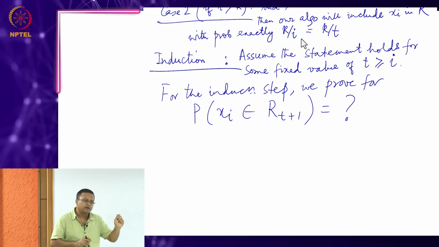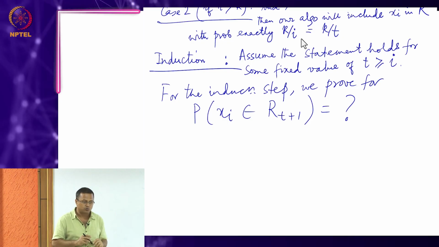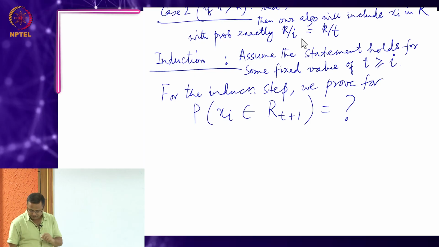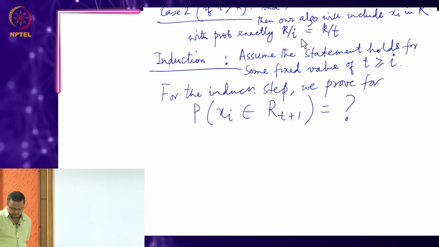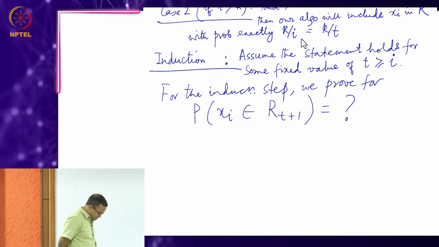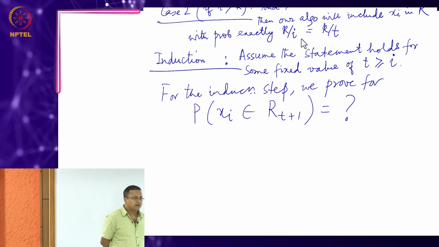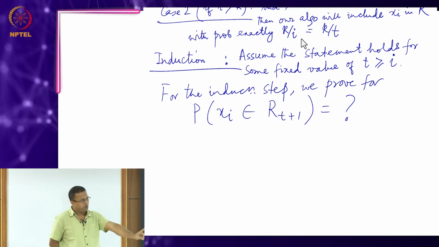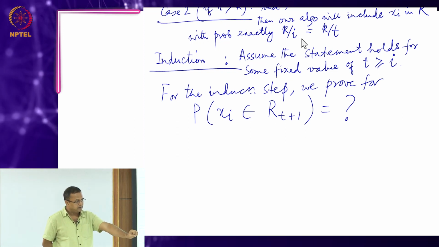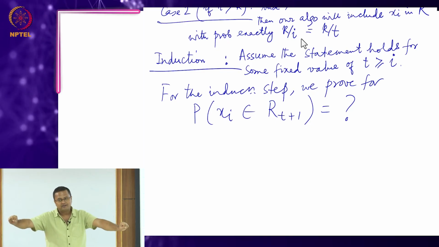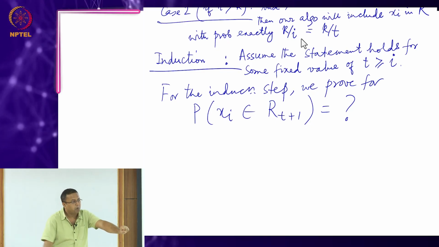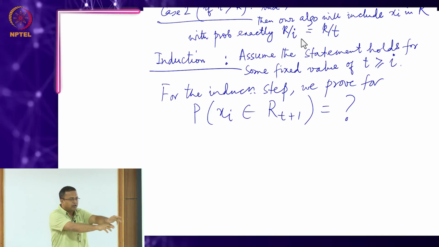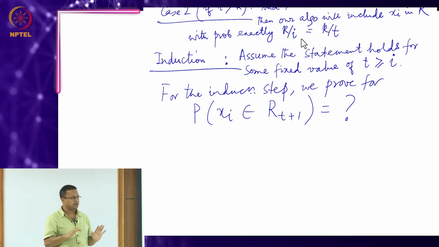For x_i to belong to R_{t+1}, what must have happened? x_i was there in the reservoir. So, that means x_i belongs to R_t and the (t+1)th element must not have replaced it. So, I now get into the realms of conditional probability.